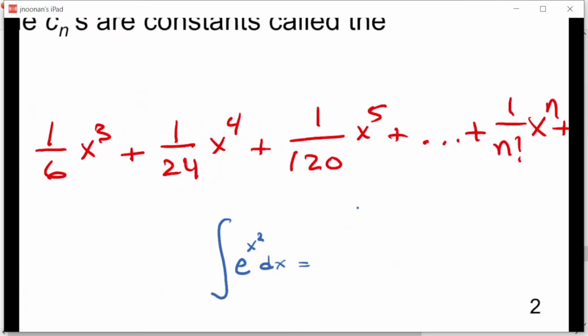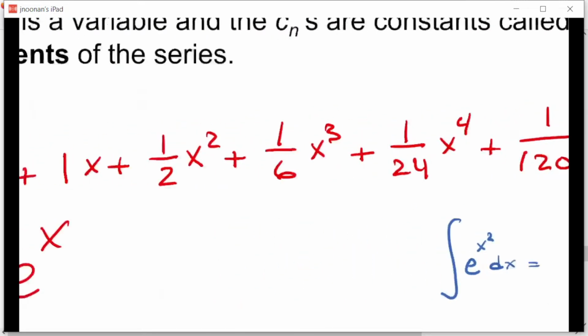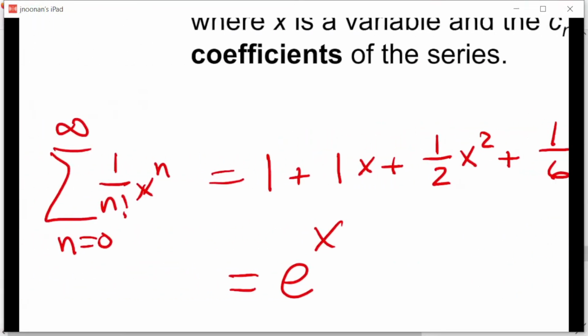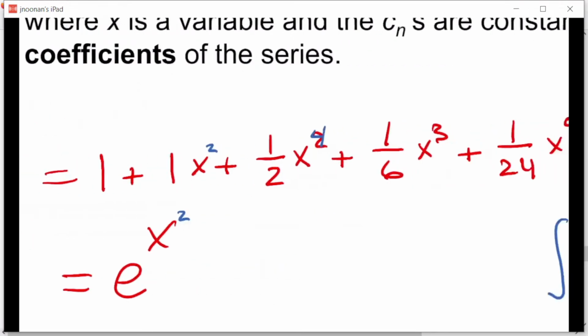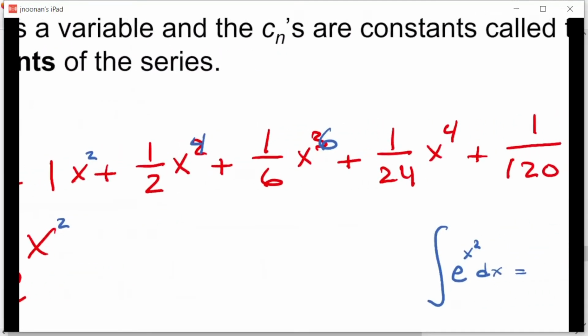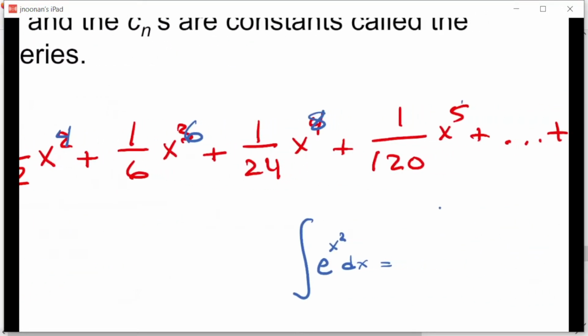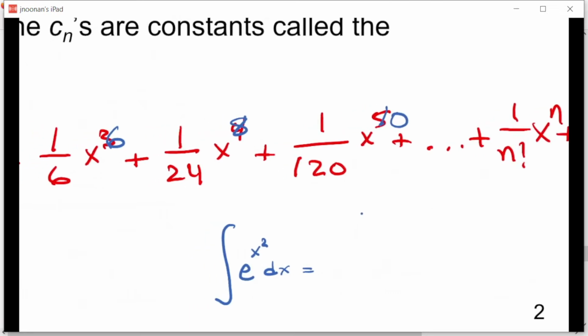But what you can do is take this power series and just put a 2 here, and that'll make that 2, that'll make that 4, that'll make this 6, this will become 8, etc. You see what I'm doing here? This will be 2n instead.